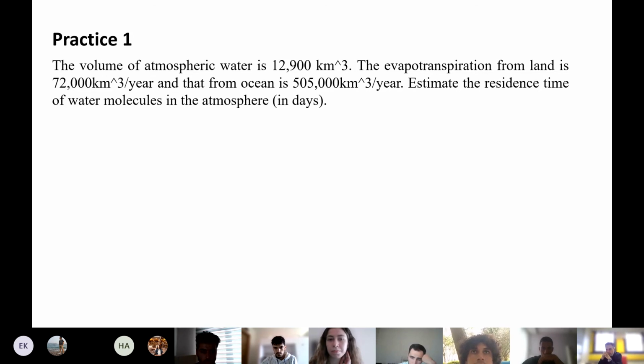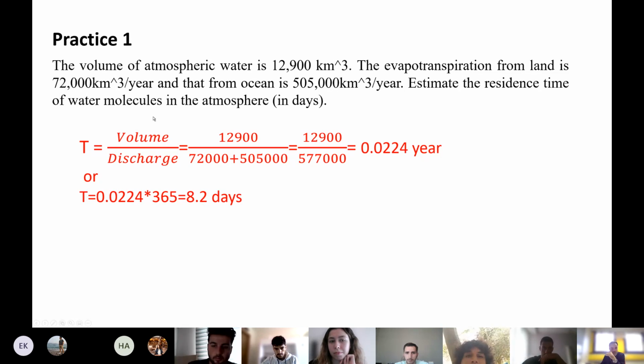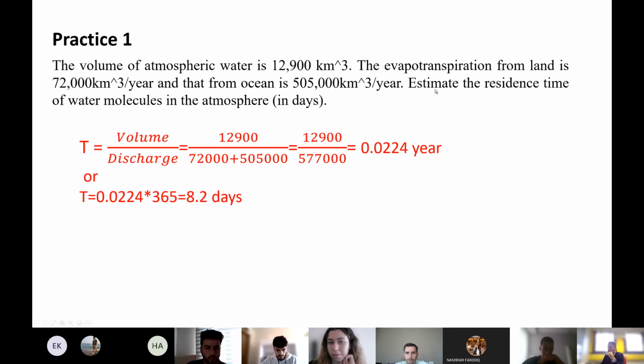Residence time is volume per discharge, so you need to calculate discharge first. And discharge means how much water went out of the system.